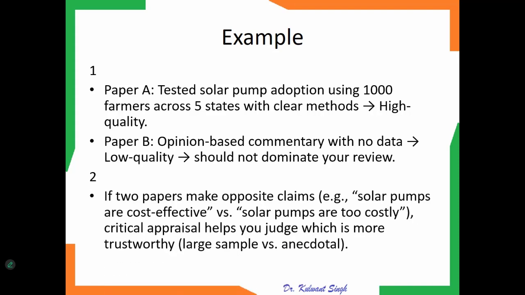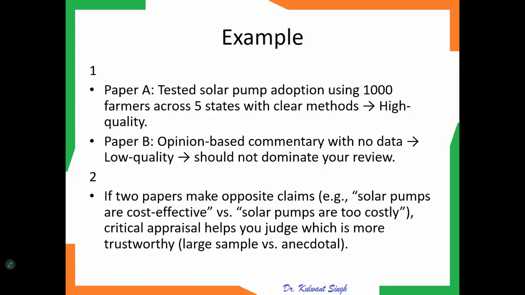Second, if you have two papers making opposite claims, which we generally find in every research area, for example one says solar pumps are cost effective and another says solar pumps are too costly, which one do we consider? We will consider only one paper, but we will check with critical appraisal and judge which one is trustworthy. Sometimes one paper has a large sample size, so we can easily identify it as trustworthy.